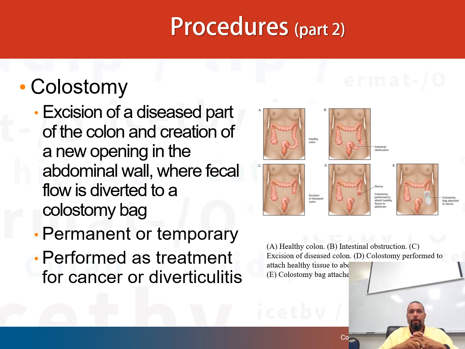It is performed as a treatment for diverticulitis and for certain types of cancer, specifically colon cancer. In this procedure, there is an opening made in the abdominal wall, and the flow of fecal material is diverted from the affected area outside of the body into a bag.